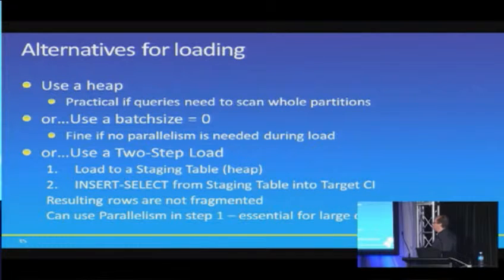So what do we do? Again, we're using heaps in many cases. We can use batch size of 0 as you're loading data. This is great if you don't need parallelism, but of course it's going to take longer. Or what we really prefer is the two-step load.